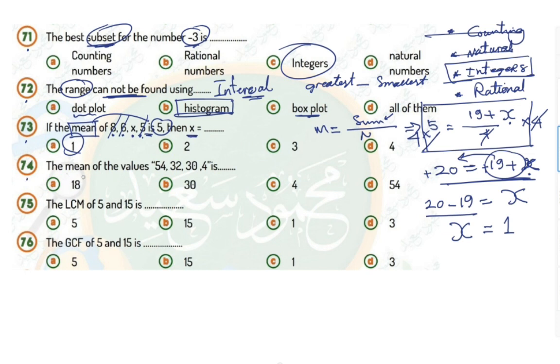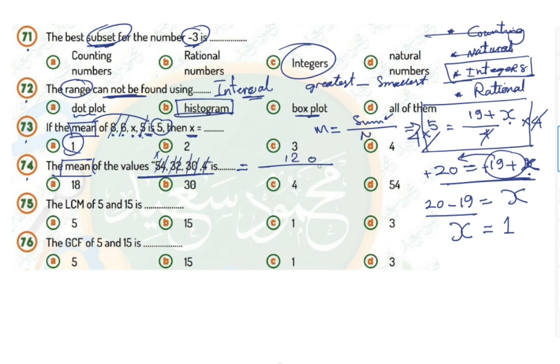74. The mean of the values 54, 32, 34 is what? Now he asked us about the mean directly. He gave me all the values so I can use the rule. I will add all of these values and divide by the number of them. So add with me. 4 plus 2, 6 plus 0, 6 plus 4, 10, 0, and carry 1. 1 plus 5 equals 6. 6 plus 3 equals 9. 9 plus 3 equals 12.